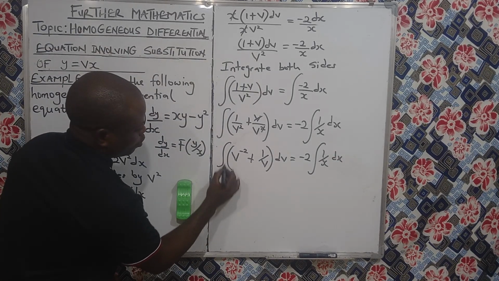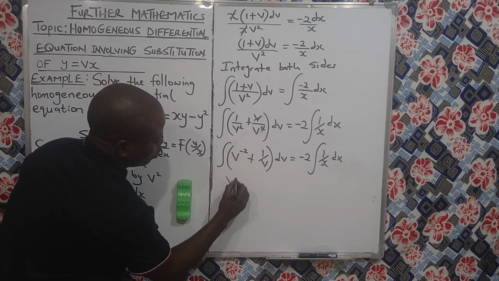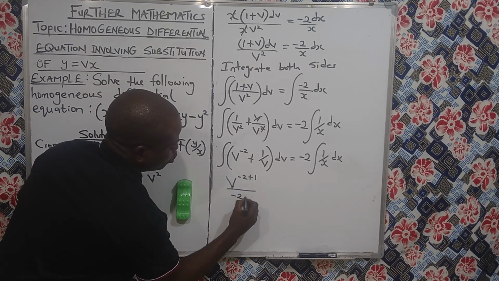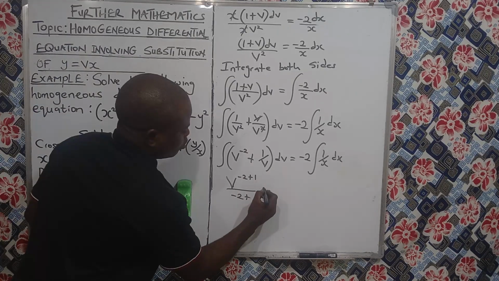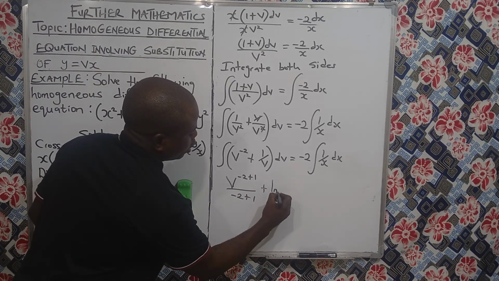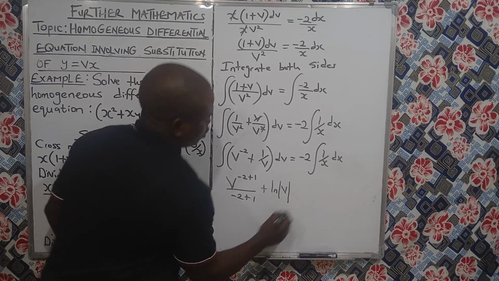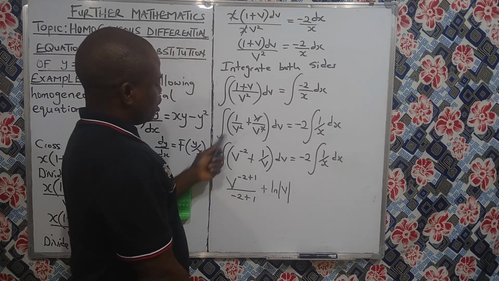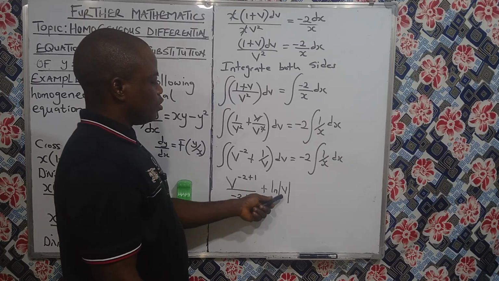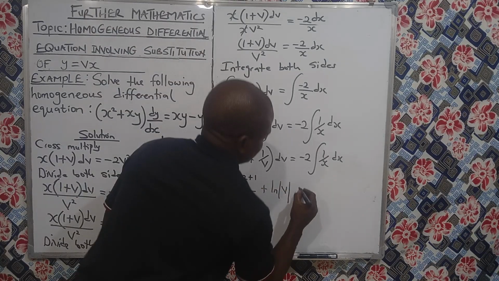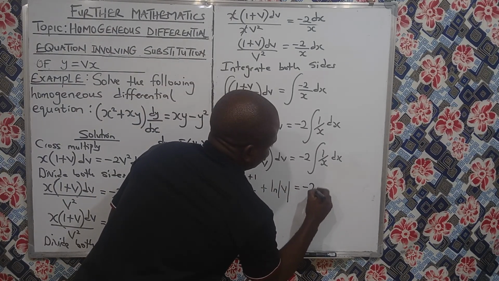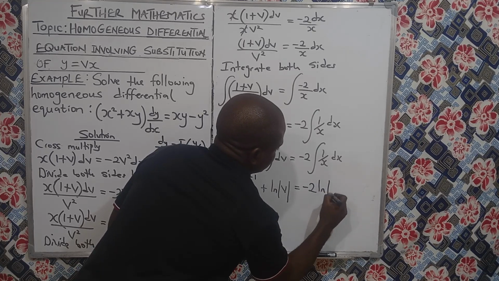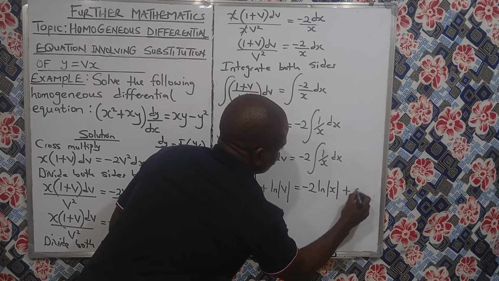Now, when you are removing the integral sign, it will be v raised to power minus 2 plus 1 over minus 2 plus 1, plus ln v. The integral of 1 over v gives you ln v, equals minus 2 ln x plus a constant c.